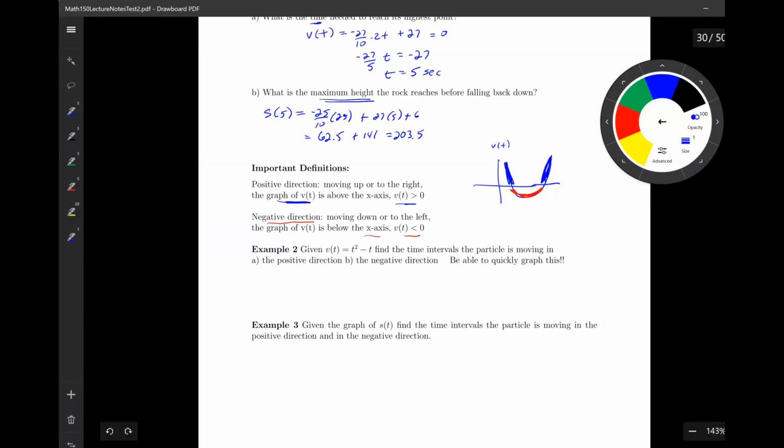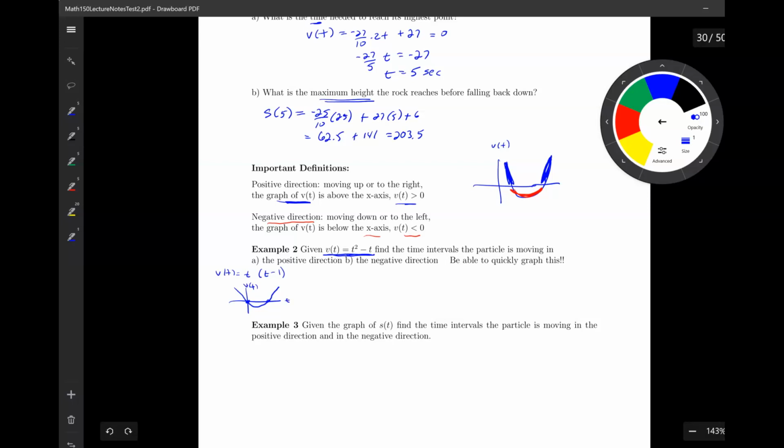Okay, so let's talk about these functions, because I'm going to give you things that are relatively easy to graph even without a graphing calculator. So you know that this can be written as t minus 1. So it crosses here at 0 and crosses here at 1. So this is the v of t, the y, and this is the t.